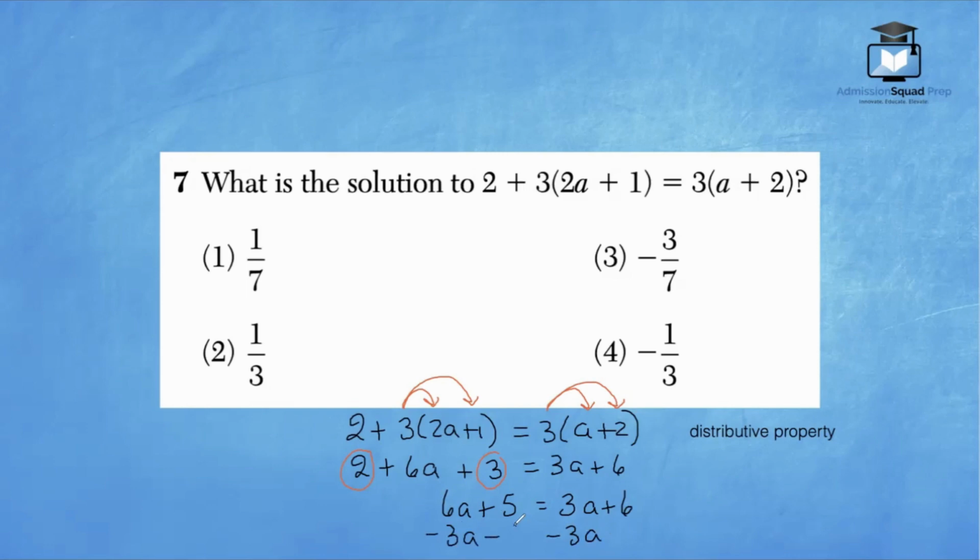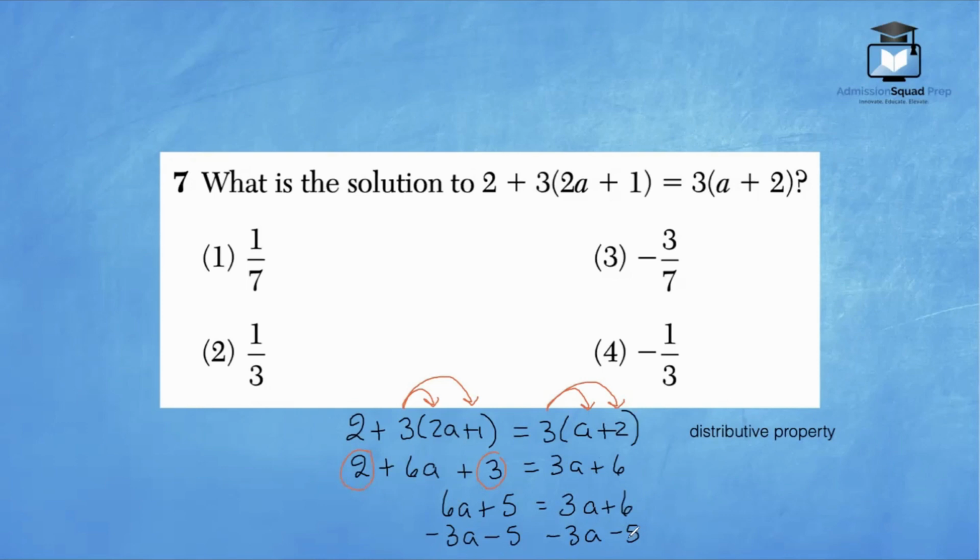And let's subtract 5 on both sides. Why did I make that choice? Since 6a is larger, it would be much easier to bring the smaller variable term to join 6a so that you have a positive variable term. And then, of course, we're going to move the constant, or the number without a variable, over to the right.